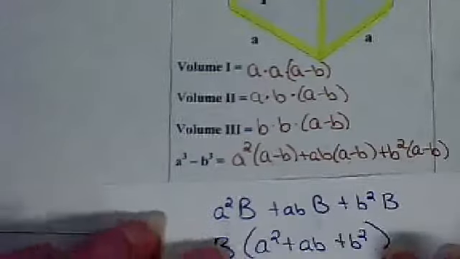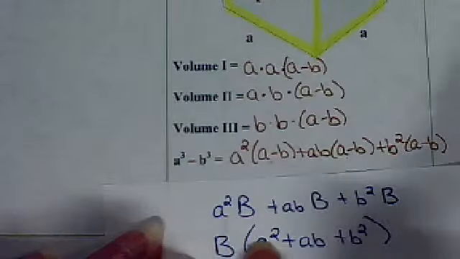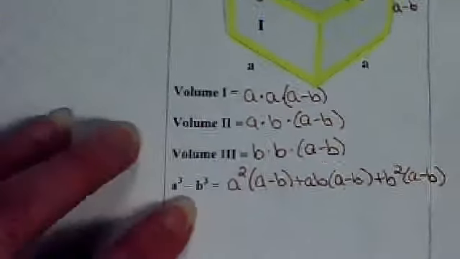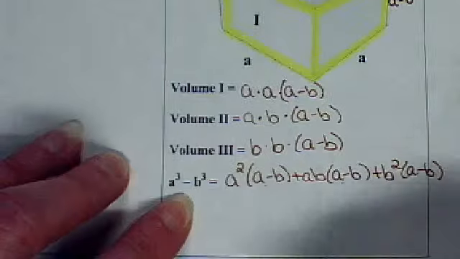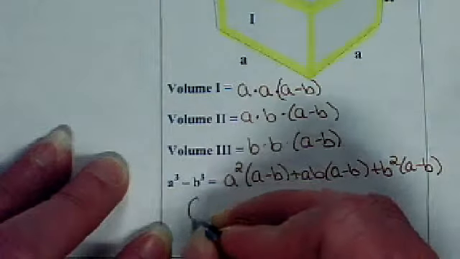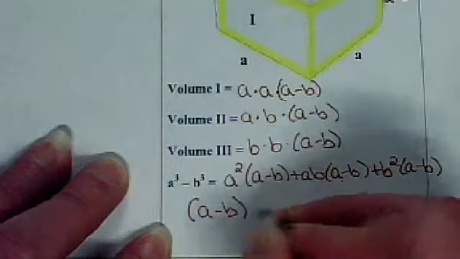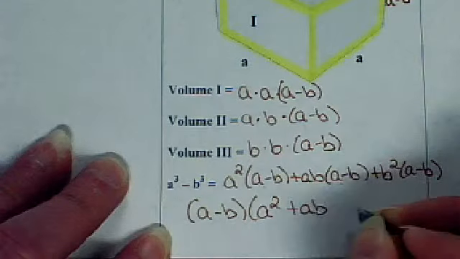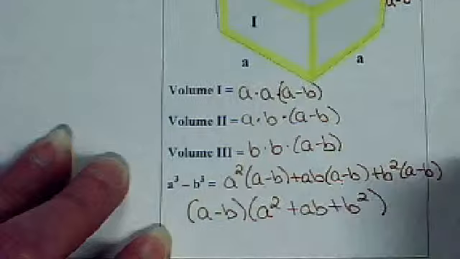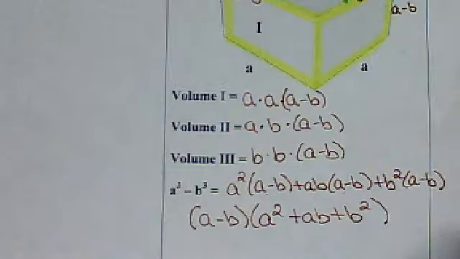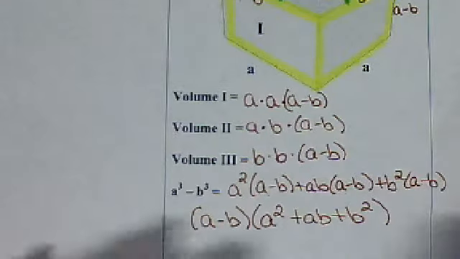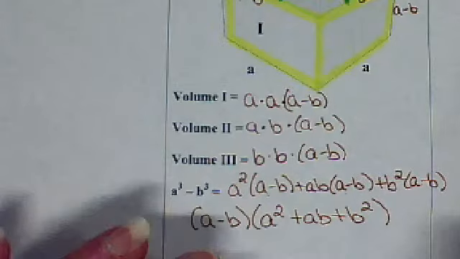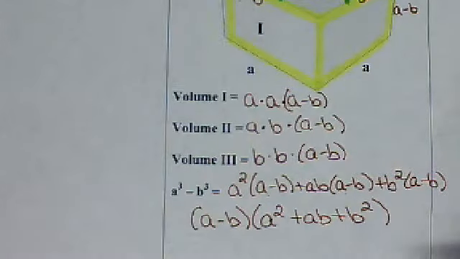Like here, if it had been a B, we could just factor out the B and leave what's left. You can actually do the same thing when it's a parentheses that is being shared. So that would have given me A minus B times A squared plus AB plus B squared. What we have just done is proven or found the formula for the difference of cubes.